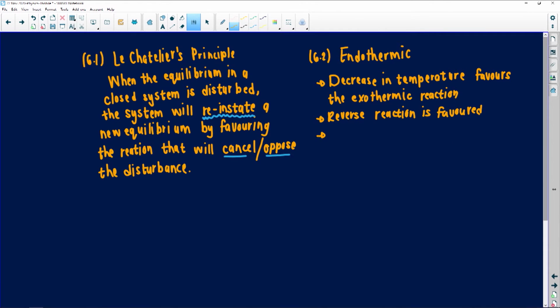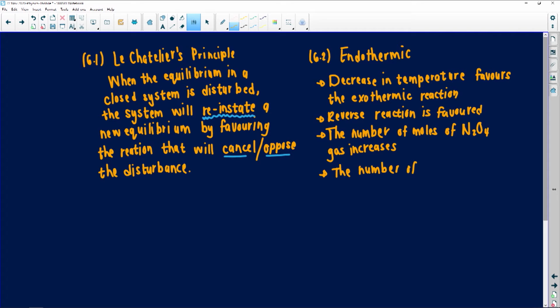Another point we can say is that the number of moles, remember when you talk Kc and equilibrium and stuff, we talk moles, the number of moles of N2O4 gas will increase.